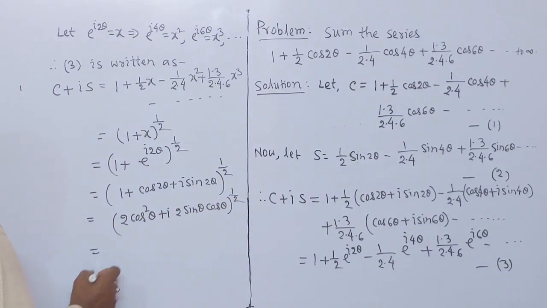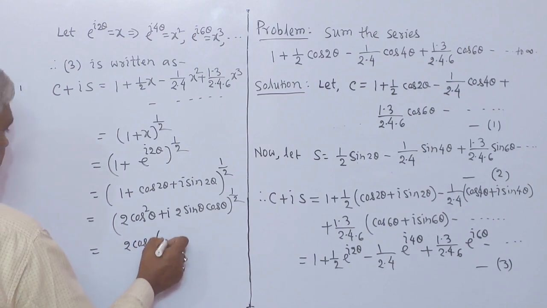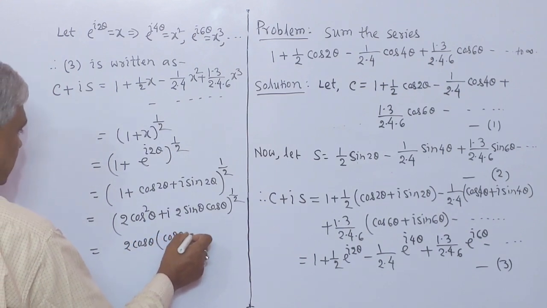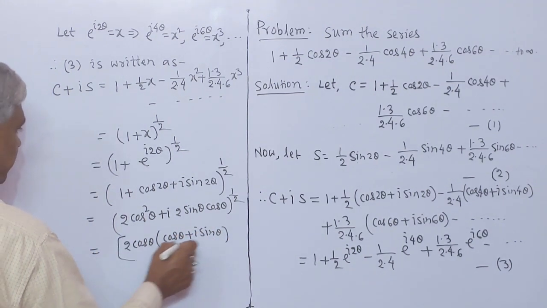This is equal to 2 cos theta common, remains cos theta plus i sin theta, whole to the power half.